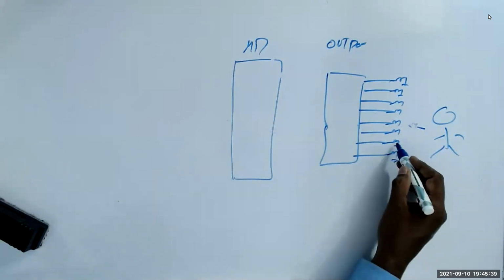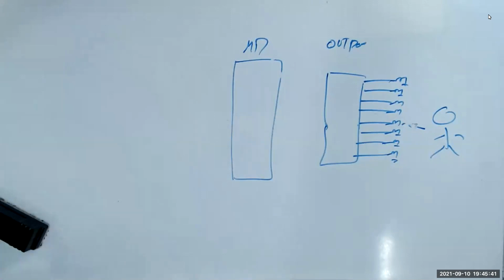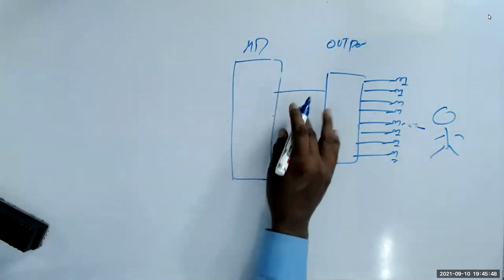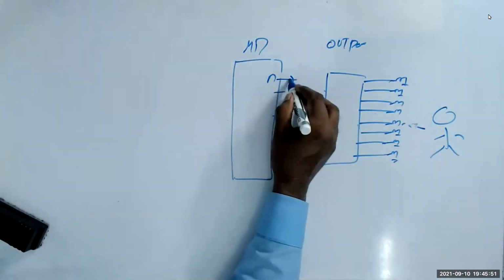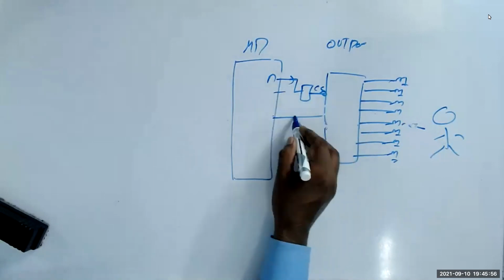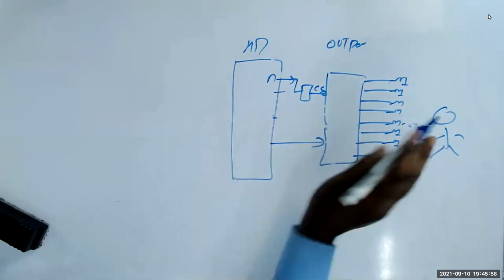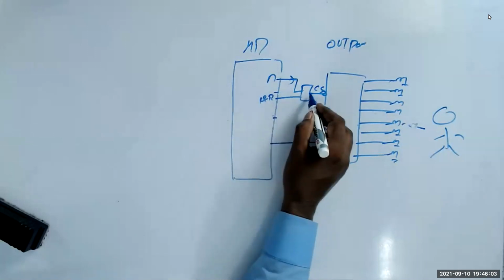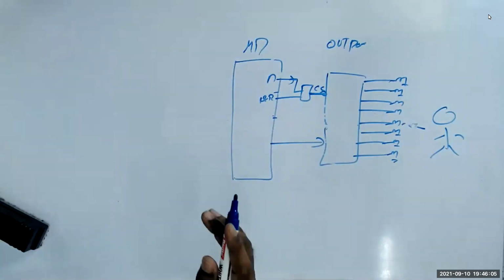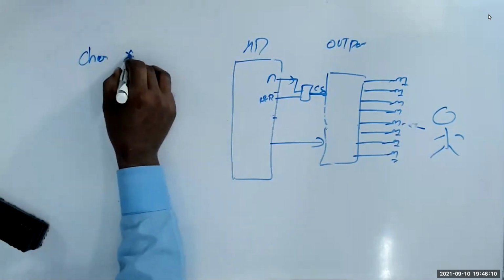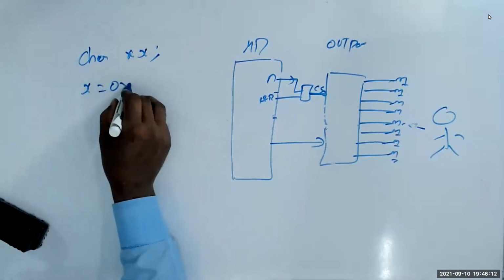I have 8 bulbs. If I write a program here, that is what I'm repeatedly telling you, you need to be good at software. The connection is done: you have an address line, a combination logic and chip select, then a write pin and a data pin, and it goes out. Now I write a program: char star x. X is equal to 0x4000.